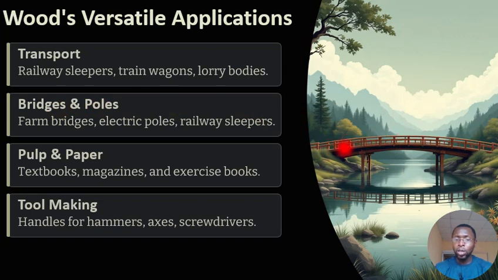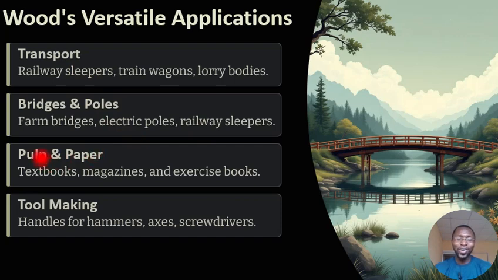So we use wood in making some simple bridges, and also the electric poles that we could see in our various residences and streets. Most of them are made of wood, though we have the metal type too. We also use wood in making railway sleepers, like we mentioned earlier under transport.